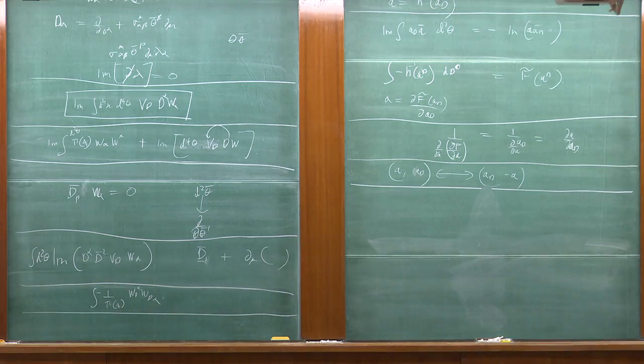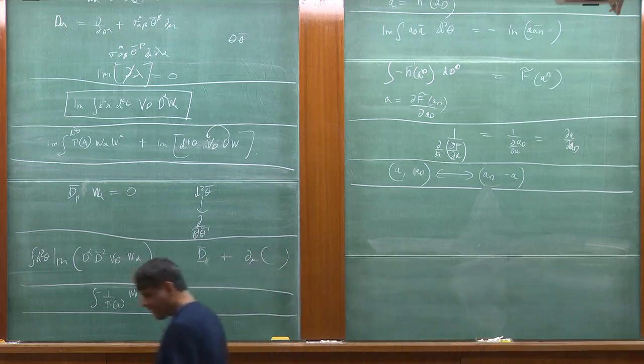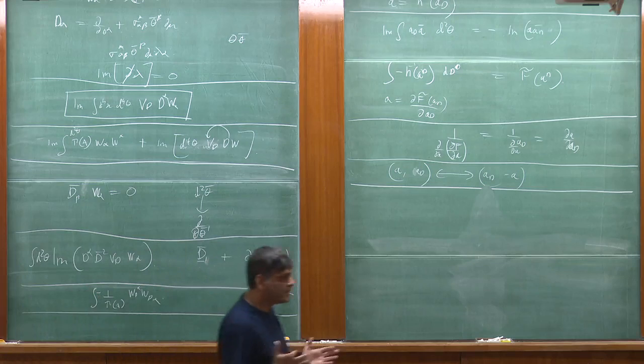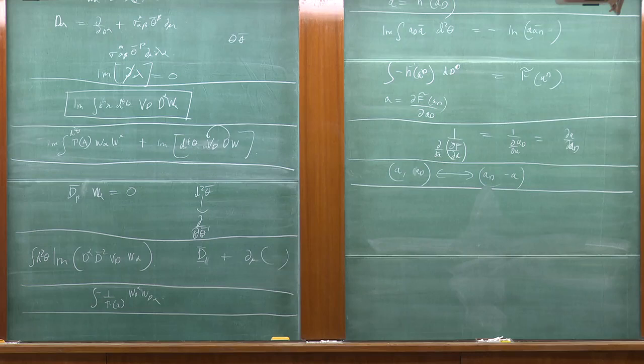You remember that in this theory we had N equals 2 supersymmetry. And N equals 2 supersymmetry allowed for a supersymmetry algebra with central extensions.